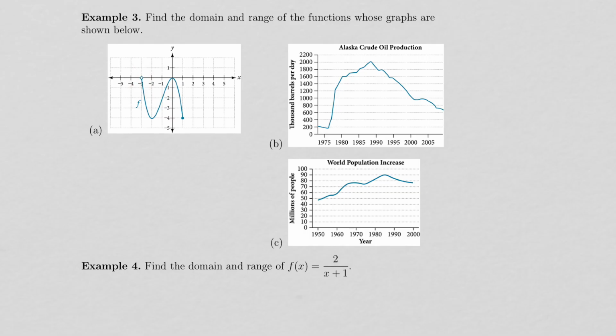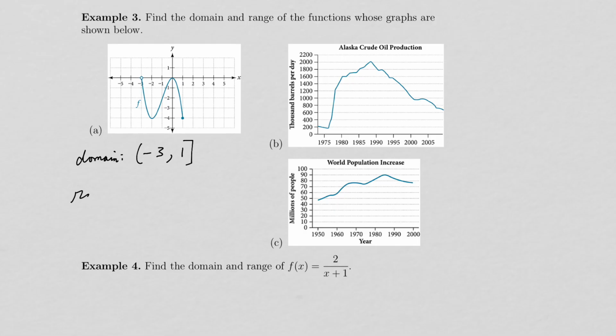It's starting at -3, but not including it because it's an open circle. But it's going all the way to 1, including 1. So I would say the domain is from -3, but not including it, all the way to +1 and including 1. I'm just going to use interval notation.